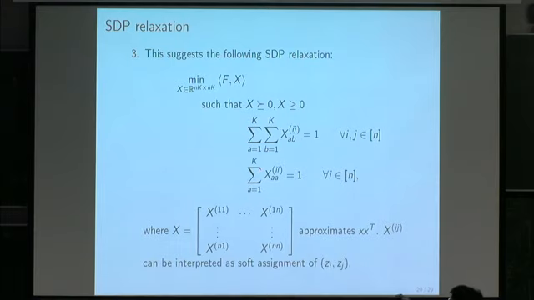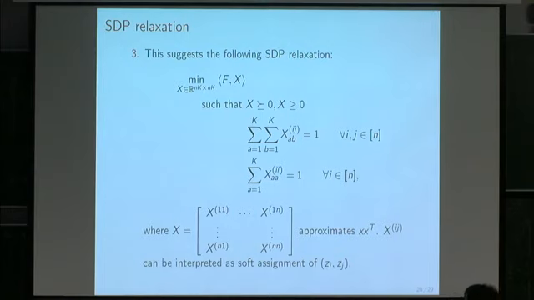That means the sum for each of these submatrices has to be 1, because it's the product of two indicator vectors. Additionally, the diagonal blocks are an indicator vector times itself, so the diagonal has to sum to 1, because node i cannot be in class 2 and class 3 at the same time. It has to be in the same class. So that's this semi-definite program.